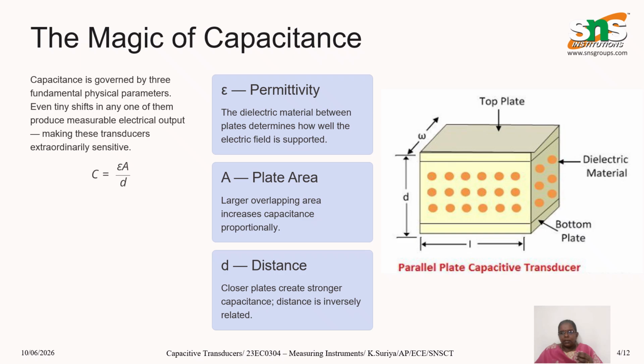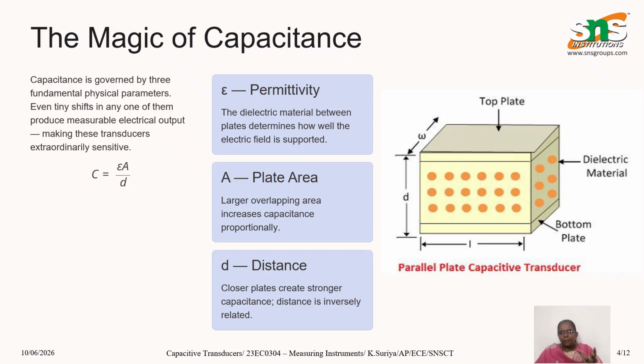To understand the working of a capacitive transducer, we must first understand the factors that affect the capacitance. The capacitance of a parallel plate capacitor depends on three important parameters: the permittivity of the dielectric material, the area of overlap between the plates, and the distance between the plates. If the dielectric material has higher permittivity, the capacitance increases.